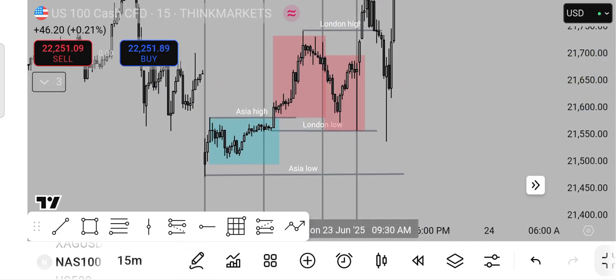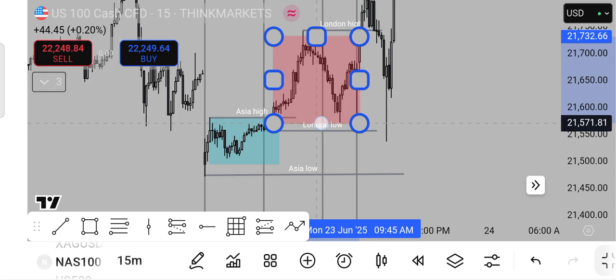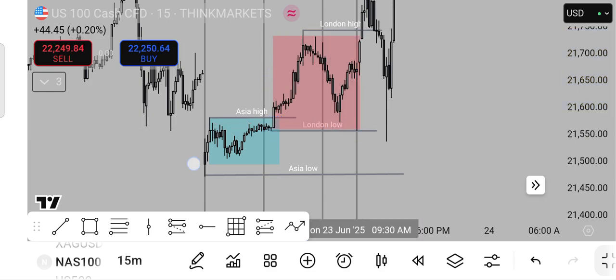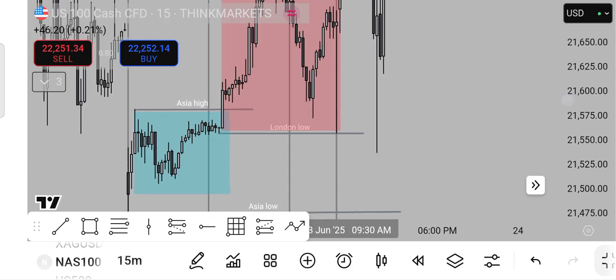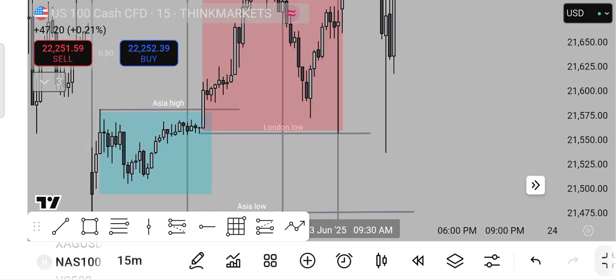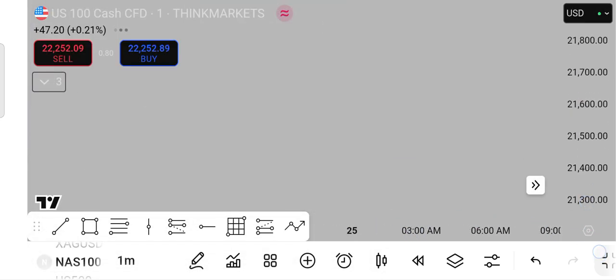You can just see this whole thing as manipulation, because we are trading AM session, we need some liquidity also, so this whole thing is manipulation. Okay, and after taking these lows, we can just go to lower time frame and look for our entry.